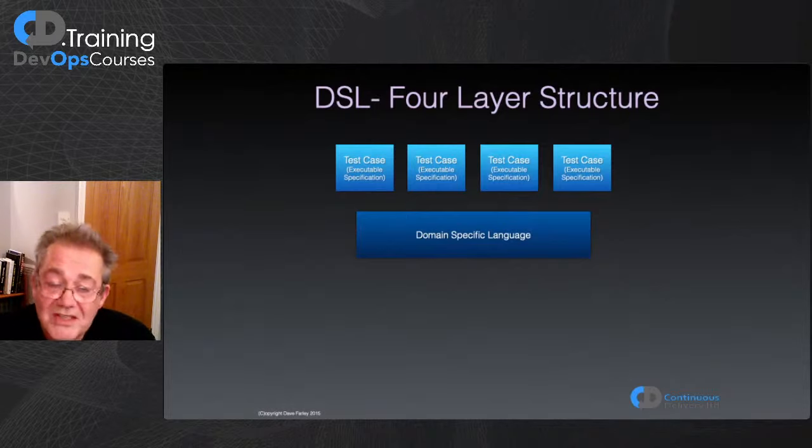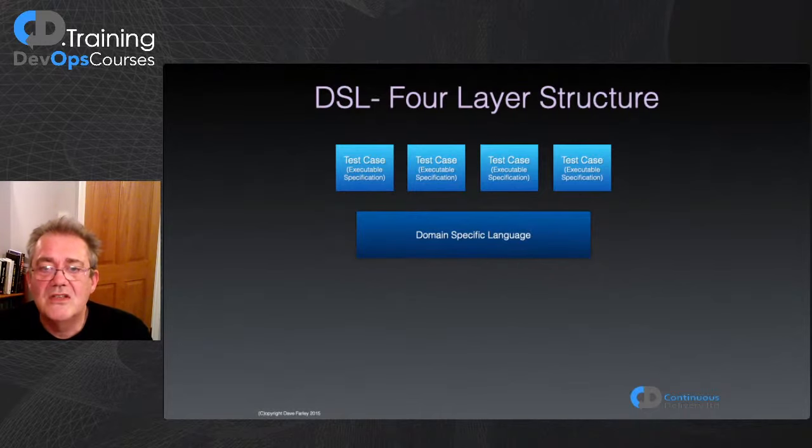Then, still in that space, is the DSL, the domain-specific language that is the common code that is shared between all of these different test cases. Ideas like placing an order and looking at the results and so on.